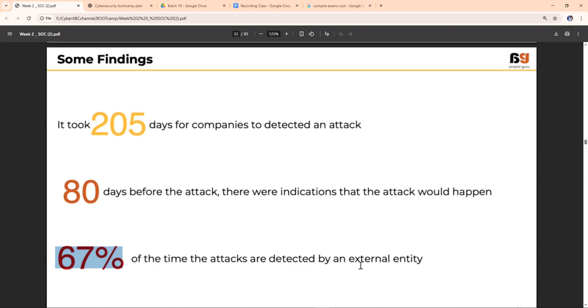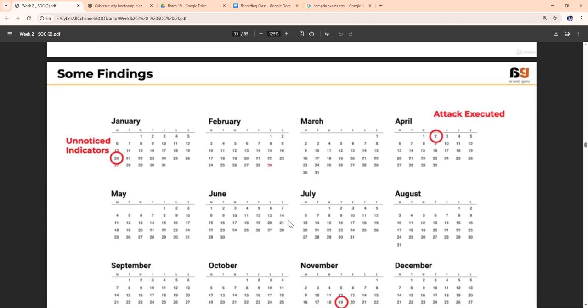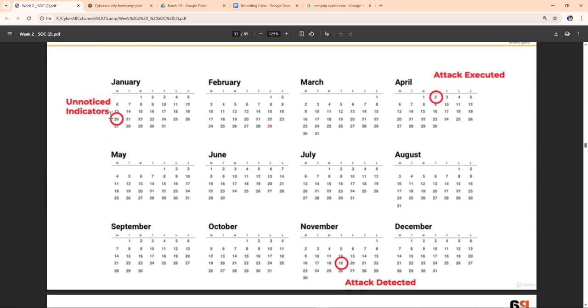If it took 205 days, that is almost a year. So let's look at it on the calendar and see how it plays out. From 20th January, there were indicators that there was going to be an attack, up until April 2nd. It's just like a thief coming to steal who has been sending letters: I'm coming to steal, I am coming to steal.